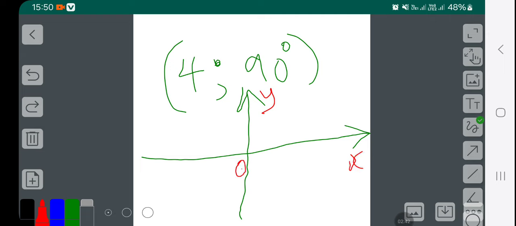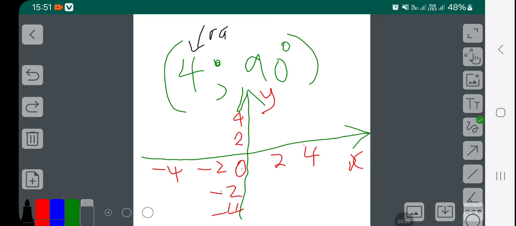Let's say here 0, 2, 4, here 2, 4, negative 2, negative 4, negative 2, and negative 4. So where is your positive 4? As you can see, your positive 4, as I said, represents your radius.